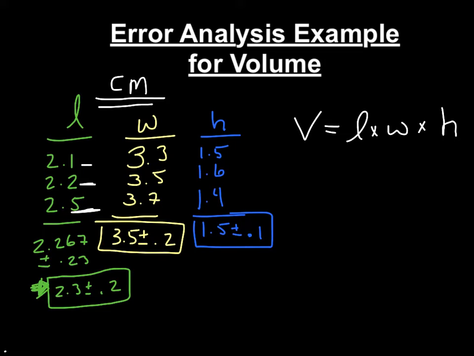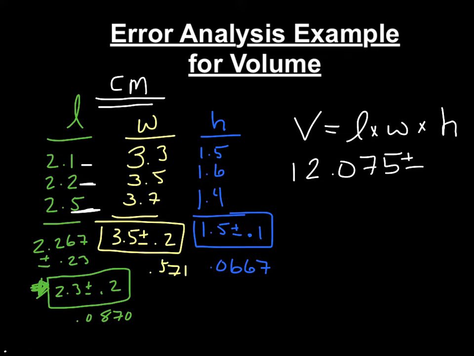And here I have 3.5 plus or minus 0.2 and 1.5 plus or minus 0.1. But I want to find the uncertainty in my volume. So the first thing you always do is use your average quantities to get the most probable value, and rounding at the end, we see that we have 12.075 plus or minus... when you multiply or divide, what do you use? Percents. So convert these 3 into percents.